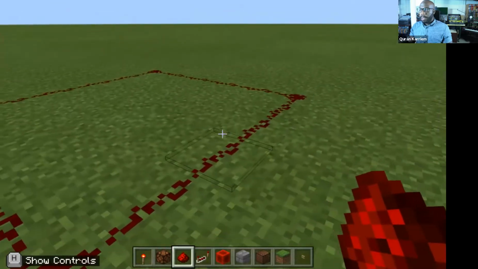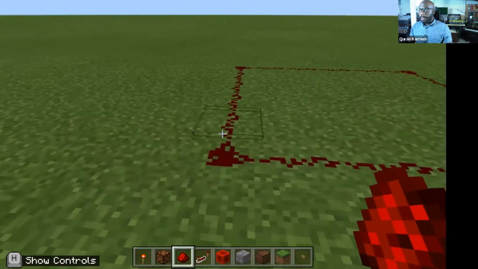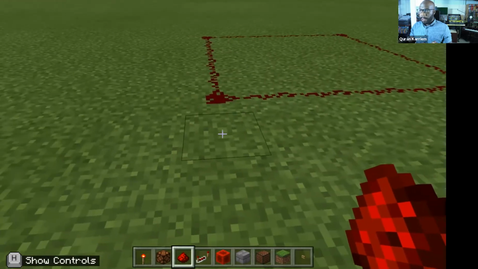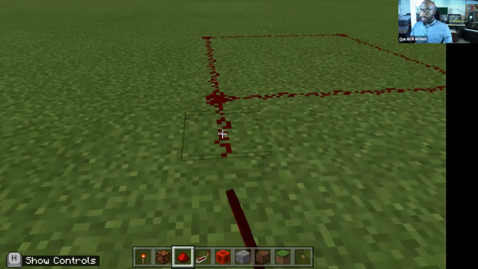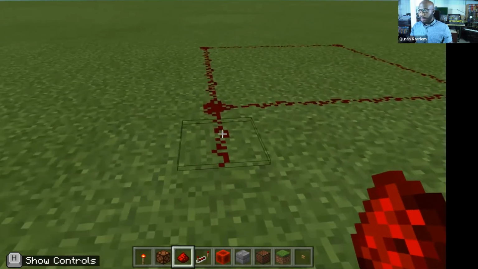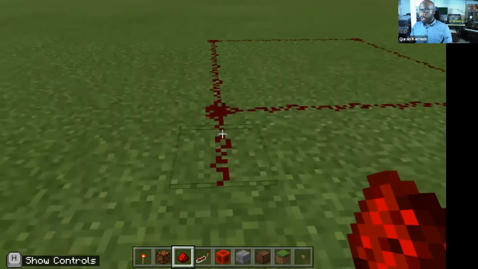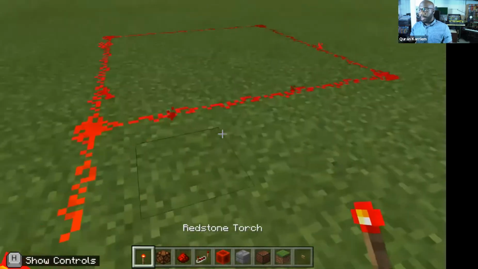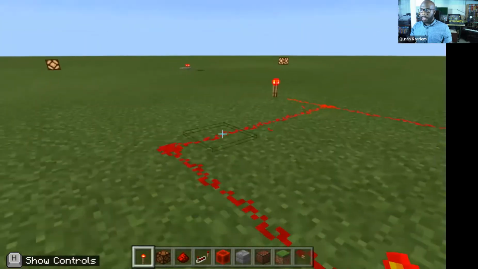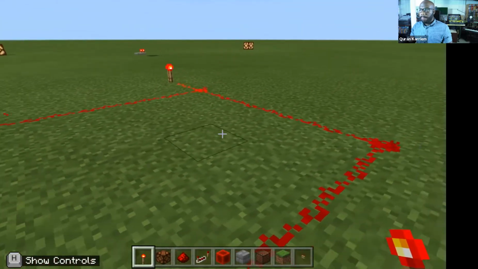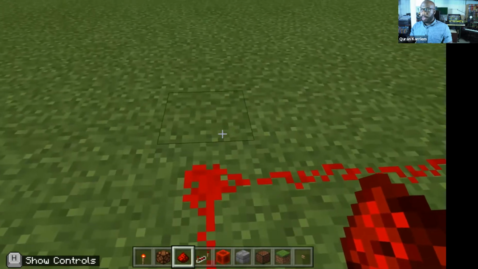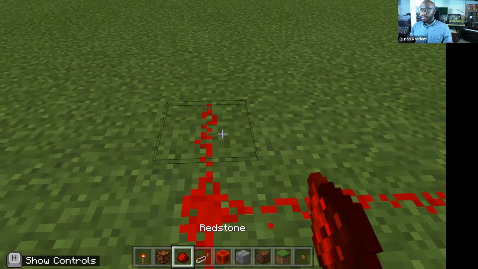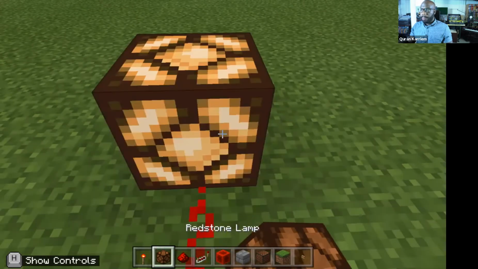All right. So now what I want to do is I need to power it. And to do that, I just make a little redstone trace off of it, and I can add a torch to it, and you can see it's powering the whole thing. This is small enough. Let me just put something on it to power, maybe a couple of things. So off of here, I'll do a lamp.